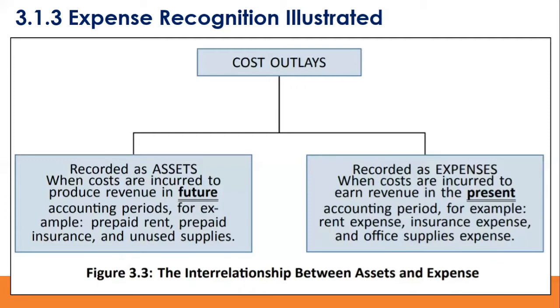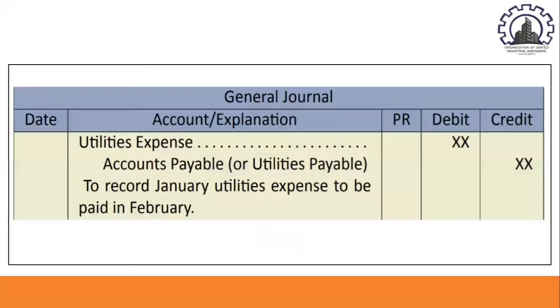So, an example, when expenses are incurred before cash is paid, occurs when the utilities expense for January is not paid until February. So, in this case, an accounts payable is created in January as follows. Okay, so this is going to be the journal entry.